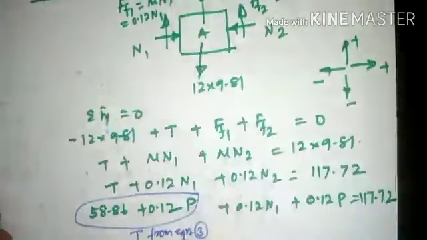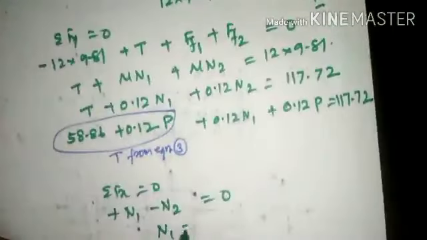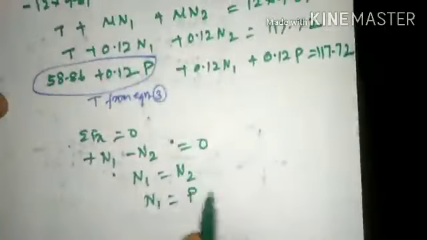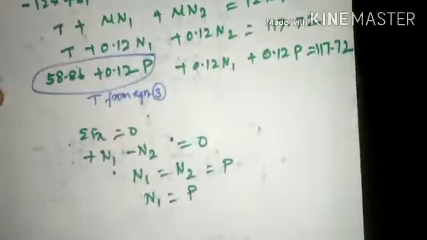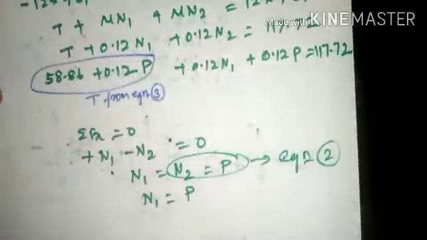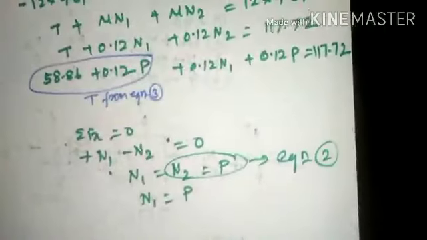N2 is on the left hand side, minus N2, that is equal to 0. So N1 will be equal to N2. N2 value is already calculated as P from equation 2, so N1 will be equal to P.